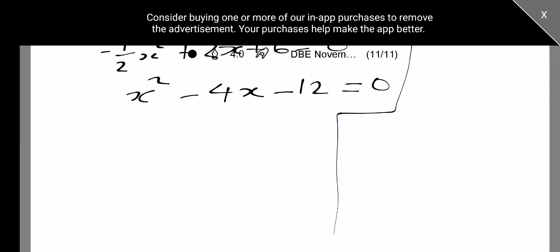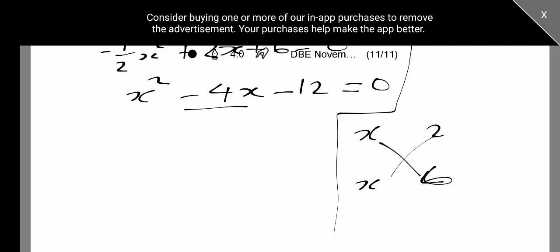Let's just use this space as our working space with x and x. We said the factors of 12 that can potentially give us this were 2 and 6.